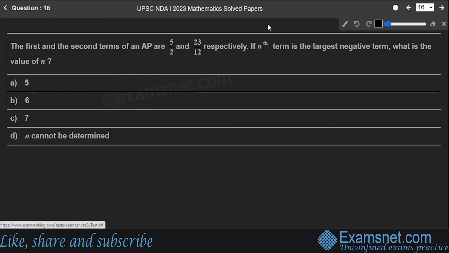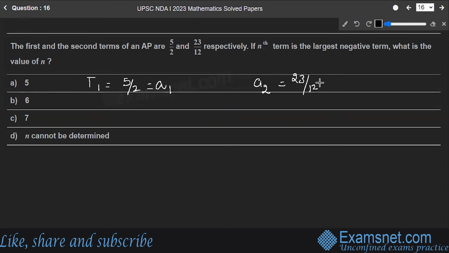Okay. So first thing, the first term, T1, is equal to 5 by 2. This is also equal to a or A1, and A2 is given to you as 23 by 12. These are the first and the second terms. So you know one thing, a plus d is equal to the second term. A1 plus d is equal to A2.